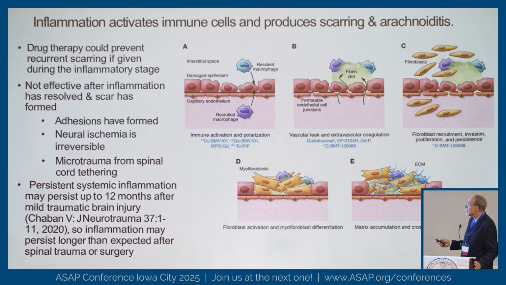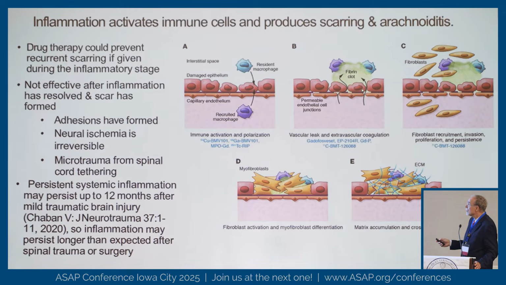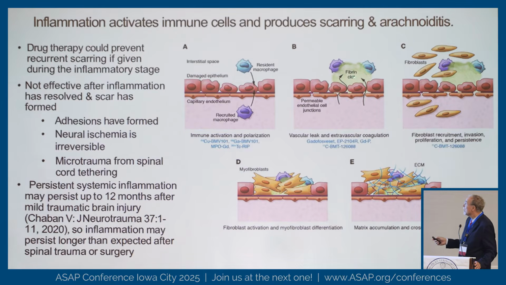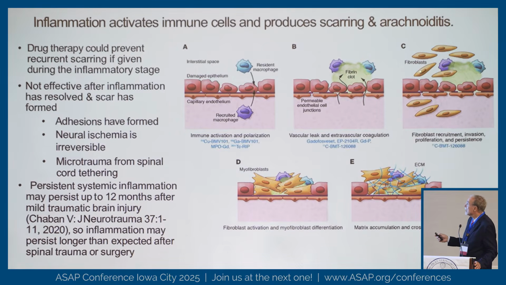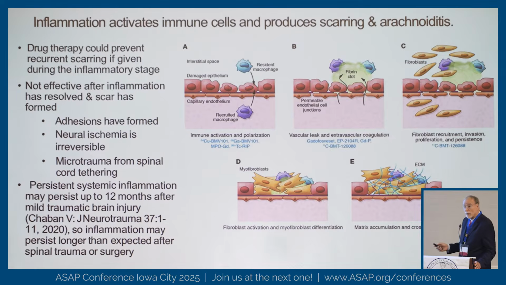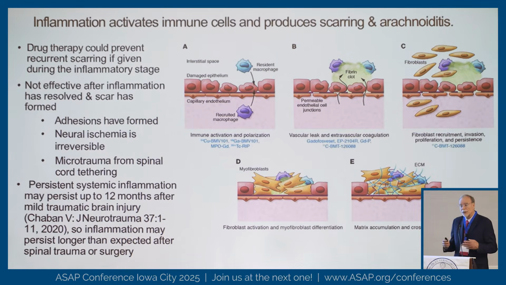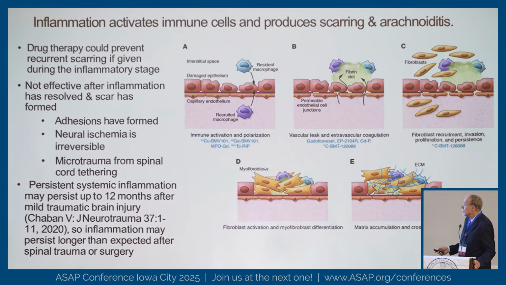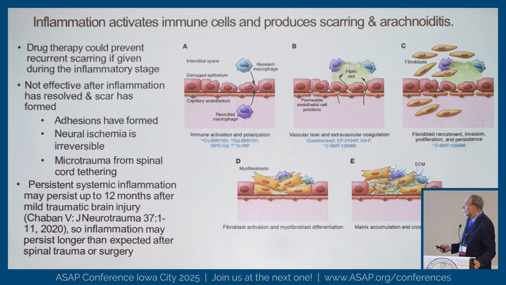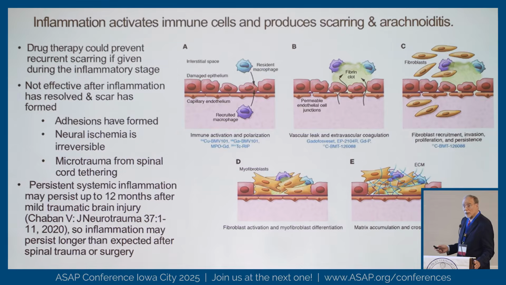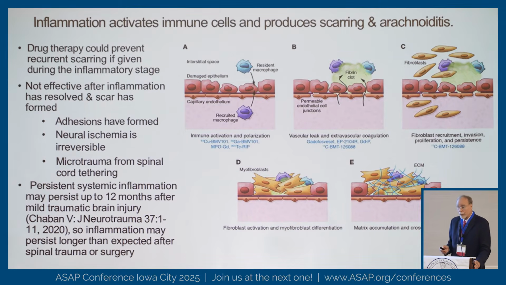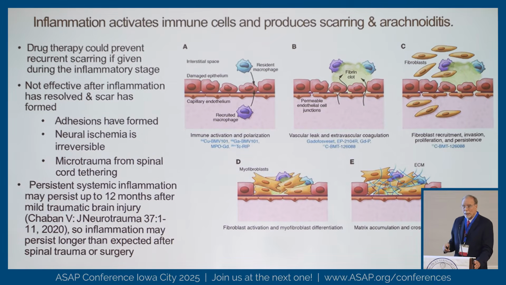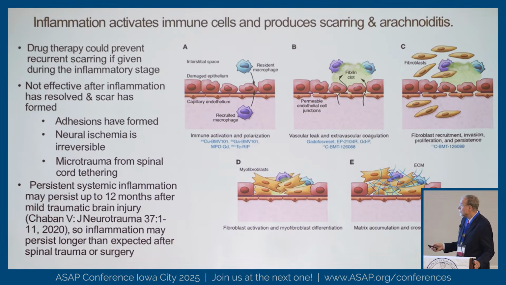And then there's some bleeding because of irritation of the surface. And there's fibrin released, and fibrin is a component of the blood. Fibrin gets these cells called fibroblasts that come, and it walls the problem off to keep it away from the healthy tissue. But the problem in the subarachnoid space is that the walling off process causes this fibrosis, which is called arachnoiditis. So it's a healthy response, but it ends up causing a problem.